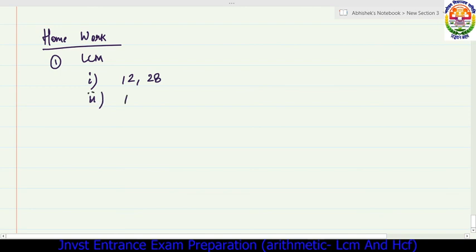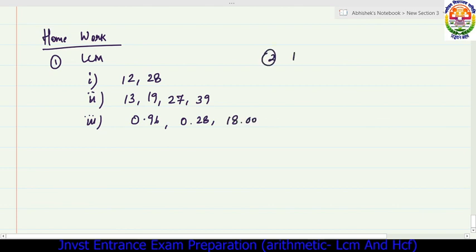Second question, 13, 19, 27, 39. Third, 0.96, 0.28 and 18.00.